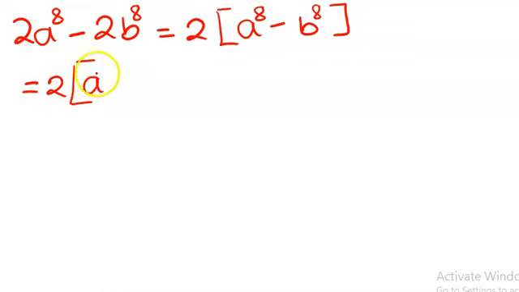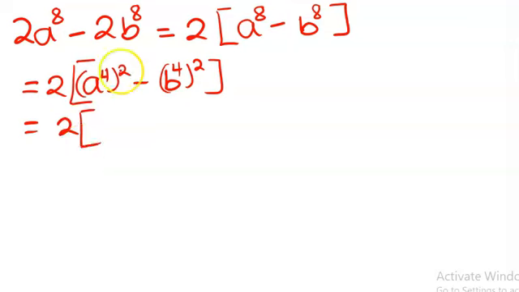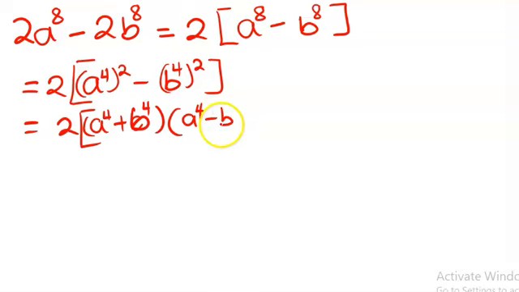We can write it as a raised to the power 4 all raised to the power 2 minus b raised to the power 4 all raised to the power 2. So using difference of two squares, we are going to have a to the power 4 plus b to the power 4 times a to the power 4 minus b to the power 4. So you close the bracket.